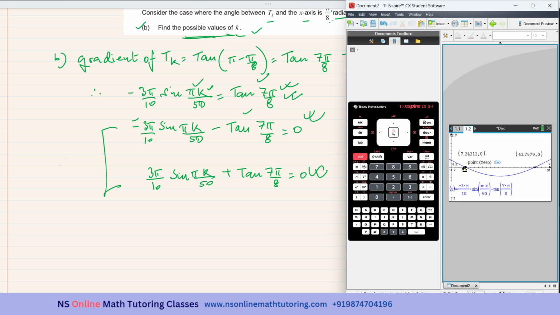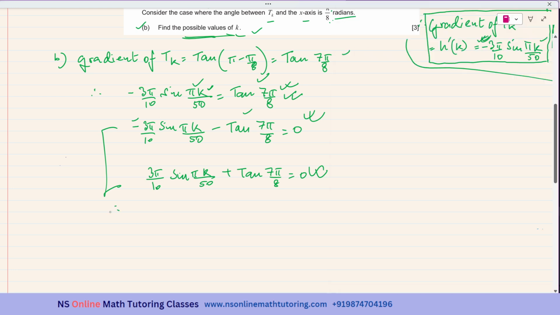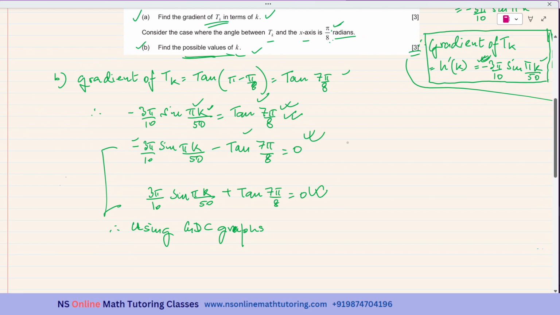Okay, so the k values correct to three significant figures will be 7.24 and 42.8. So therefore, using GDC graphs, the question carries only 3 marks, so you don't have to give a rough sketch of the graph. I don't think it will be needed because you have given this equation, and you are giving the two values, that will be more than enough.